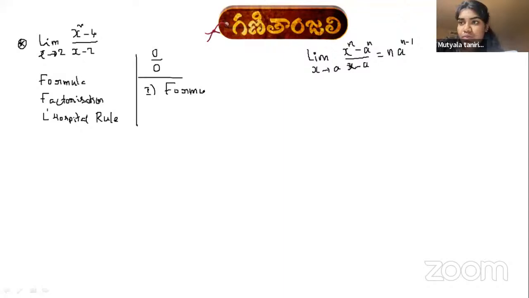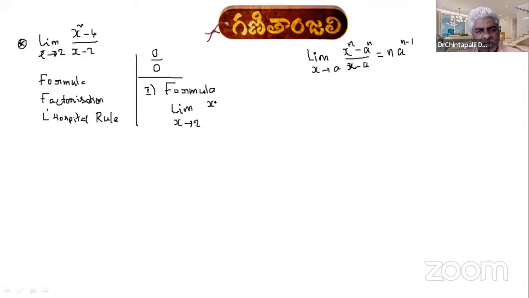The given problem is limit x tends to 2, x square minus 2 square by x minus 2. Now it is exactly in the form of limit x tends to a, x power n minus a power n by x minus a, right?